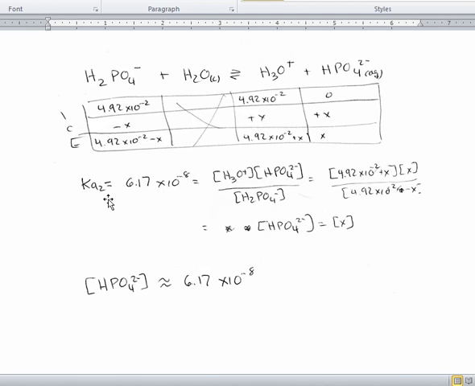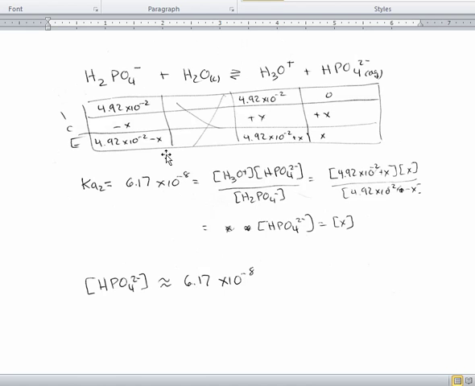And I've already calculated my Ka2 based on my pKa values, so I'm going to set up an ICE chart. My 4.92 times 10 to the minus 2 is going to be my initial concentration of my dihydrogen phosphate, and then my hydronium concentration is equal to that. So to begin with, I have 0 concentration of my conjugate base. My equilibrium has to shift to the right.